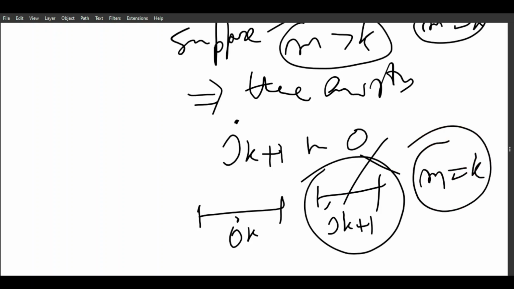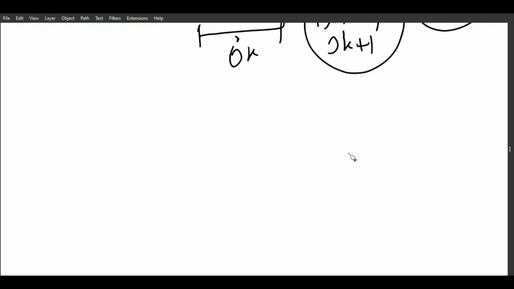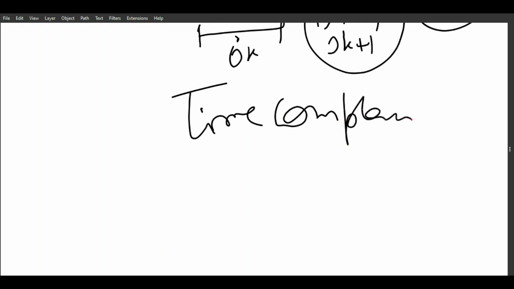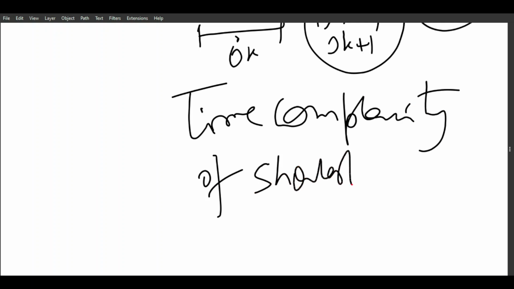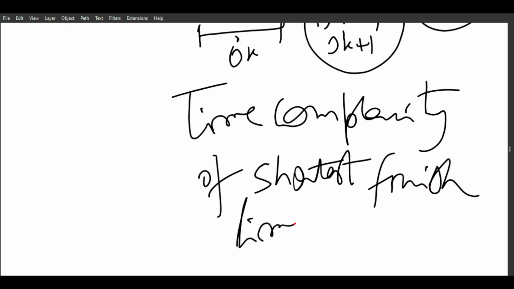Next we compute the running time. So the running time is very easy to find. First, we have to do sorting. Time complexity of the shortest finish time first algorithm.